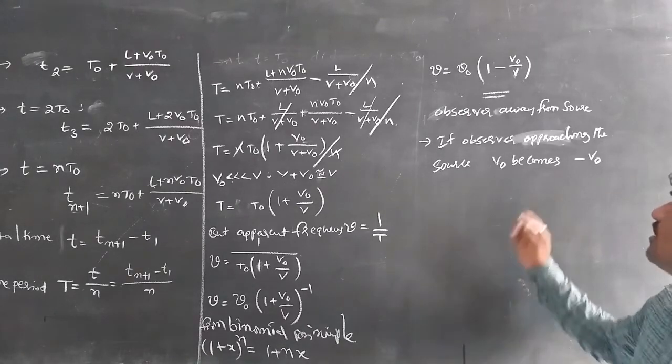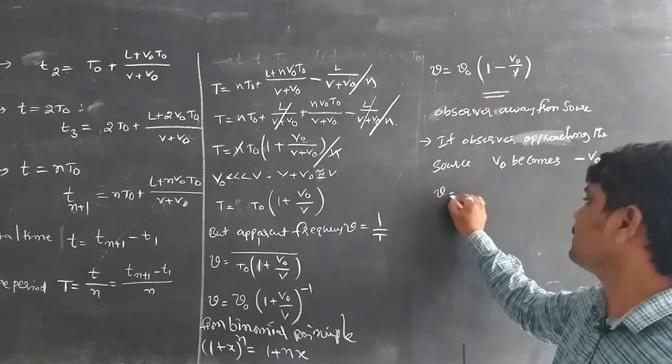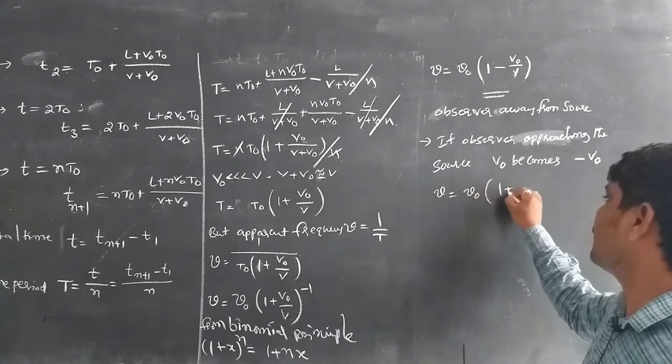So if we write that minus, nu is equal to nu naught of 1 plus V naught by V.